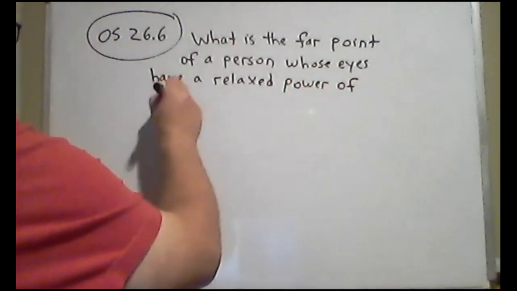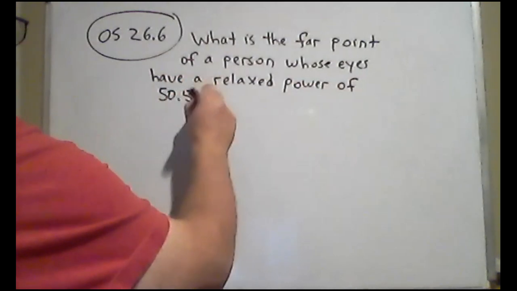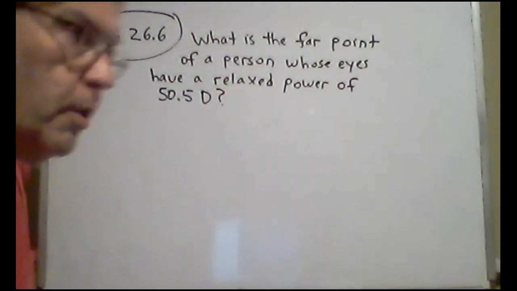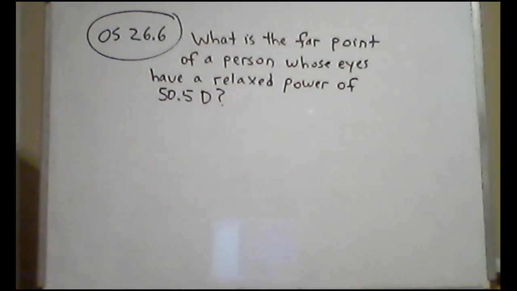If you recall earlier, we said totally relaxed eye power for looking at distant objects would be about 50 diopters. So this person needs a prescription. The question is, what is this person's far point?